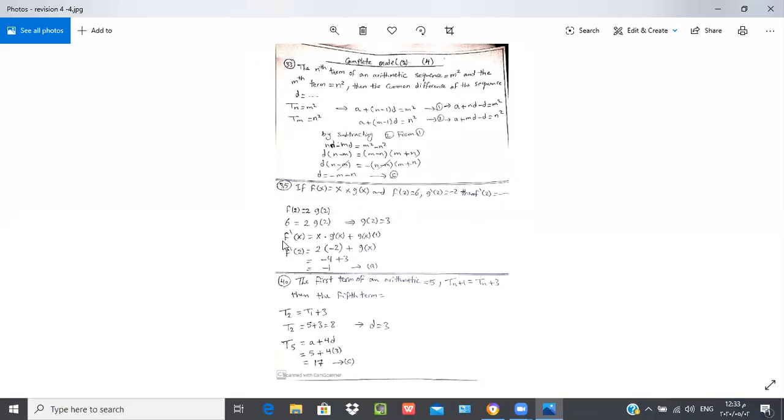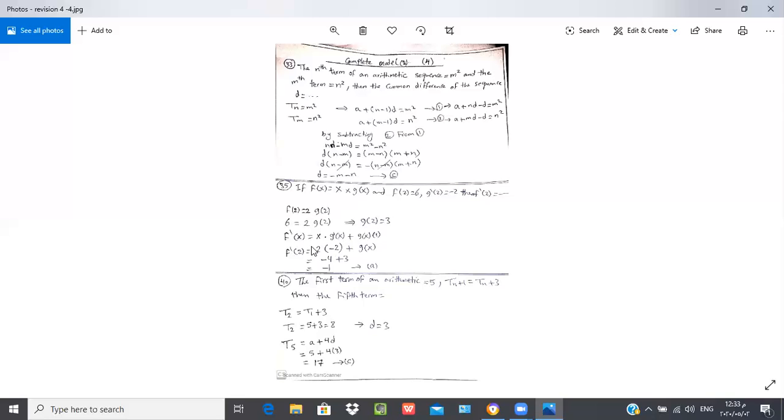He asks you to find f dash of x equals the first, x, multiply the derivative of the second, plus the second, multiply the derivative of the first. This is the rule. So f dash of x equals x multiply g dash of x plus g of x multiply 1. Instead of x, I will put 2.